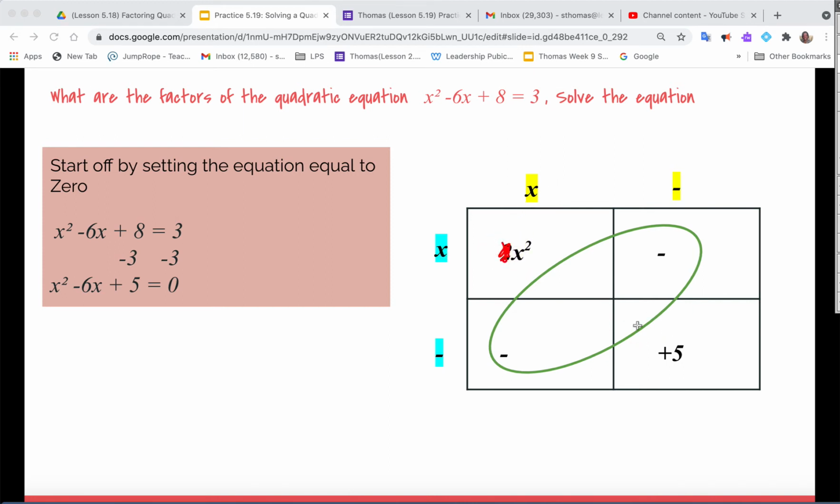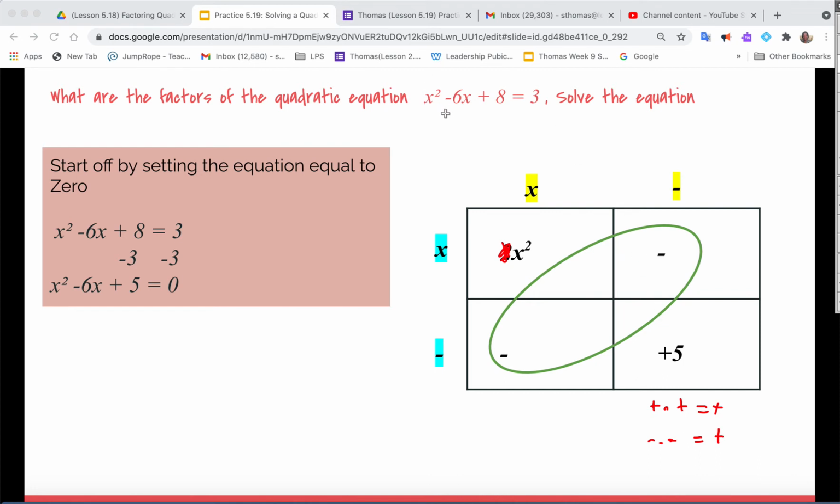And then we're going to have a plus 5 right here. What are the factors of a positive 5? We could have a positive multiplied by a positive to give a positive, or a negative multiplied by a negative, which also gives a positive result.